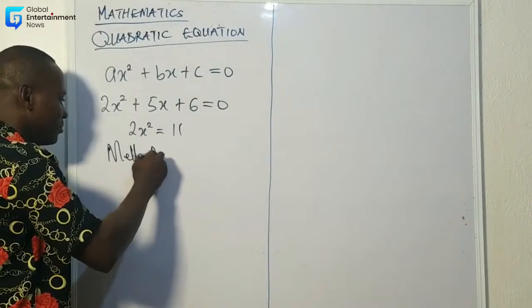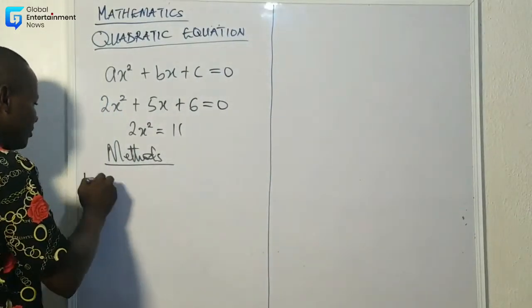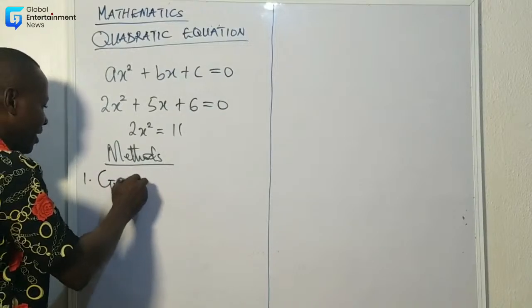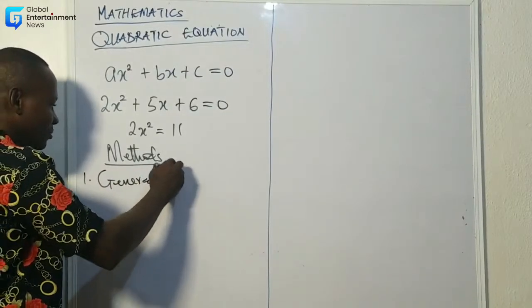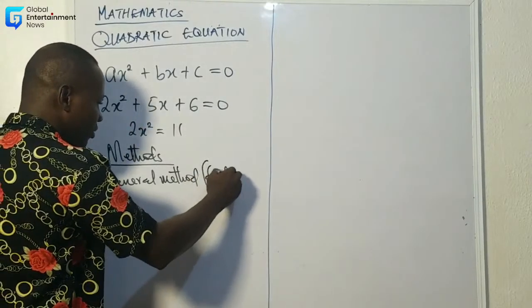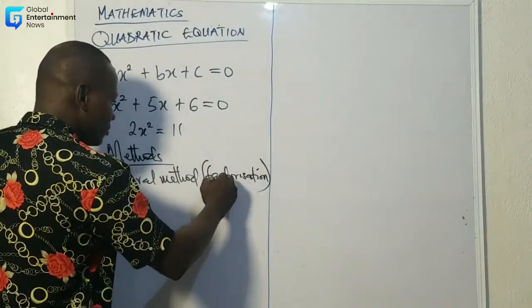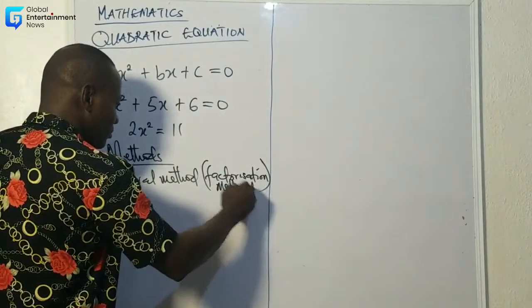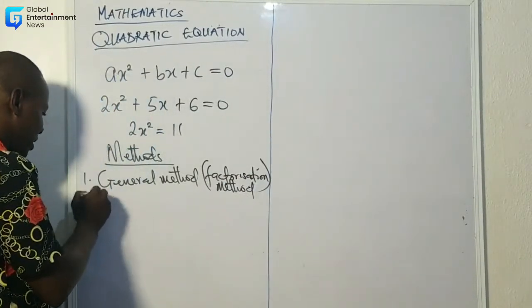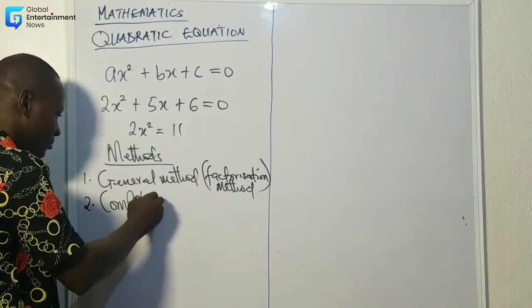All right. Now, let's talk about the methods of solving quadratic equation. Number 1, we call it the general method, which is also called the factorization method. The second method is what we call completing the square method.